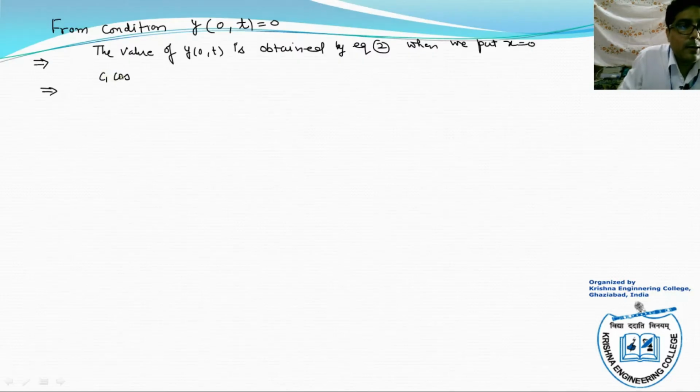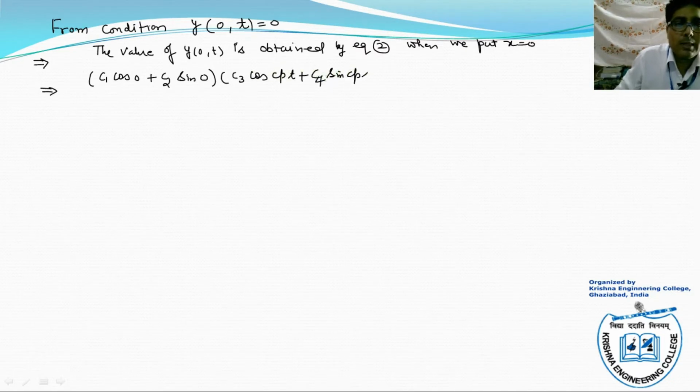C1 cos 0 plus C2 sin 0 into C3 cos cpt plus C4 sin cpt is equal to 0. Clear?